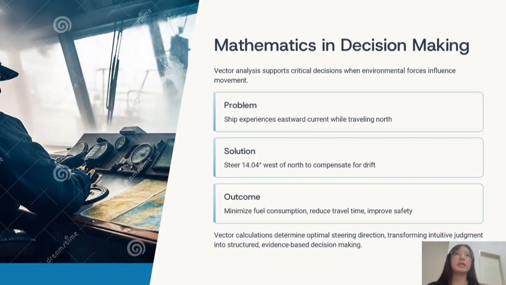Mathematics in decision-making. Vector analysis supports critical decisions when environmental forces influence movement. The problem: a ship experiences an eastward current while traveling north. The solution is to steer 14.04 degrees west of north to compensate for drift.